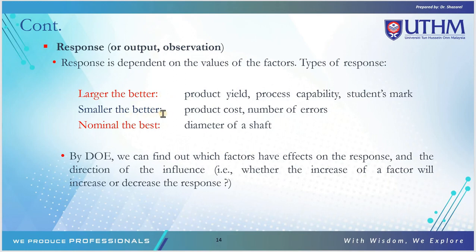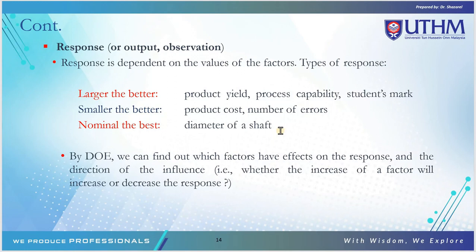And for smaller the better, cost and time consuming, that means minimizing is better. And for nominal, it does not involve a numerical output, so we conclude based on the nominal variable. For example, the diameter of a shaft.